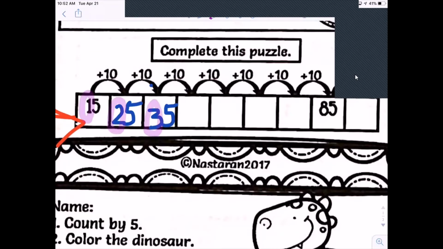I have 1, then 2, then 3, then my next number here would be what? 4, because it's 1, 2, 3, 4. The 5 stays the same. Right there. So all that we are changing is the digit of the tens.